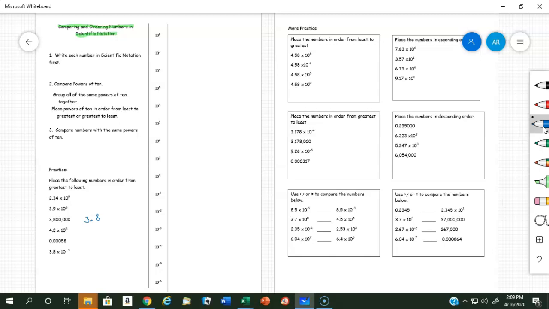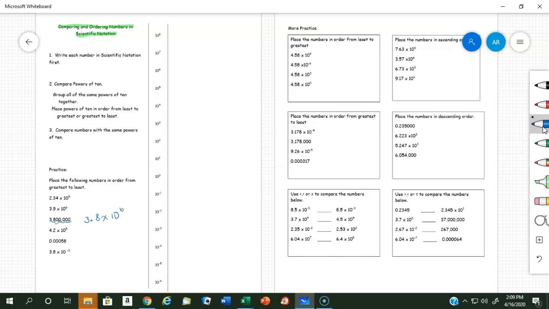Since I'm making that a larger number, I'm going to move that decimal place from here over to here. So I go 1, 2, 3, 4, 5, 6. That makes it 3.8 times 10 to the 6th.